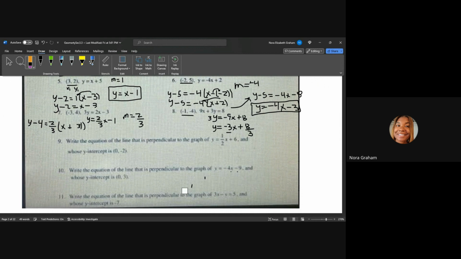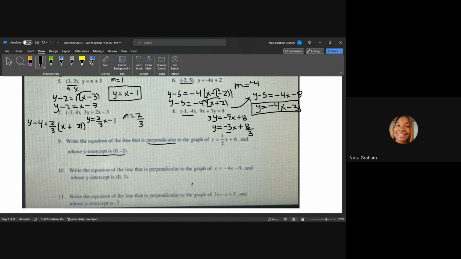All right, so now let's go on to number 9. Number 9 says, write the equation of the line that is perpendicular, so this is different, of the graph y equals 1/2 x plus 6, and the y-intercept, and they give us our y-intercept of 0, -2.